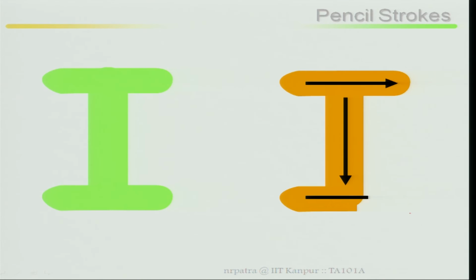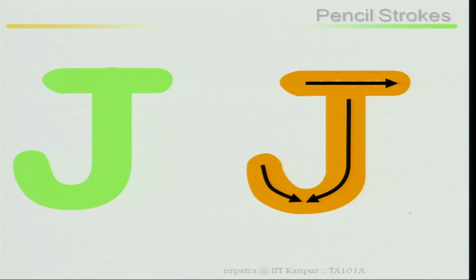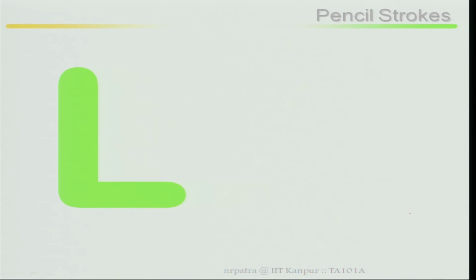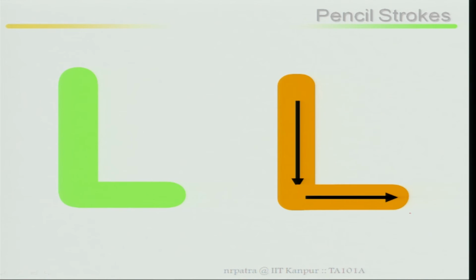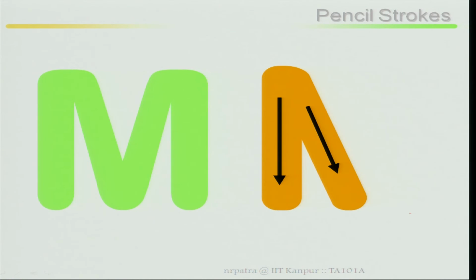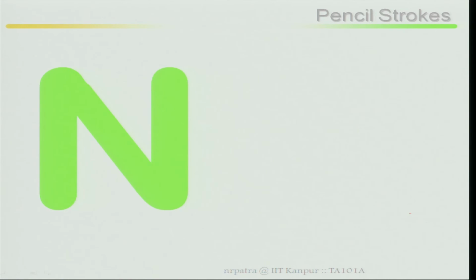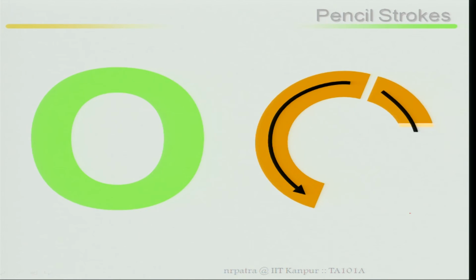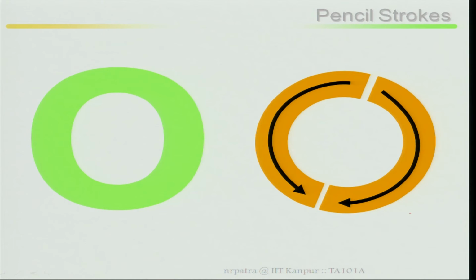Similarly I, J, then K, then L, then look at the M, then N, then O. O is typically covered like this: the first part of your O goes this way, then completes this way.